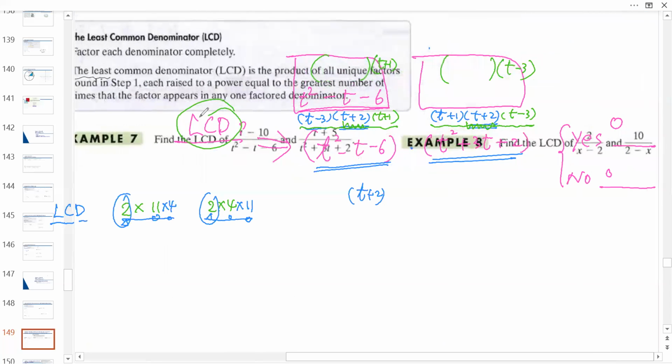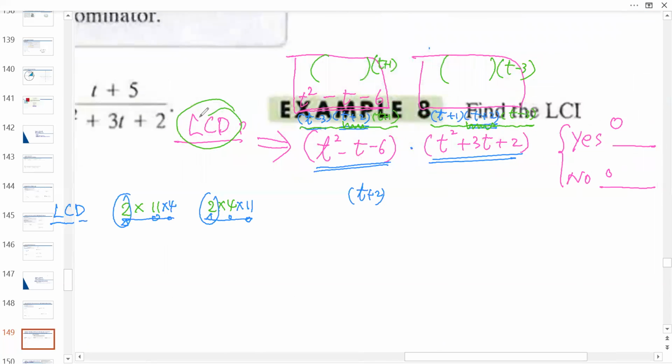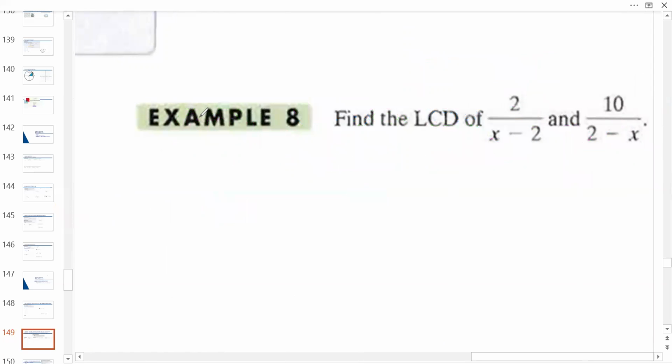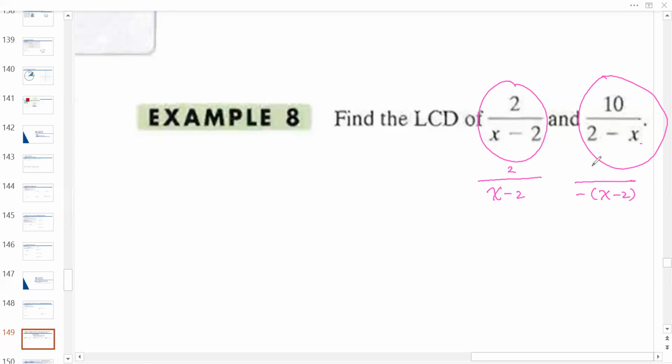Next example. Let's see example 8. So these two look different, but actually they only have a small difference between them, right? This rational expression and this rational expression. Actually they are just a small difference, in 2 and here 10.